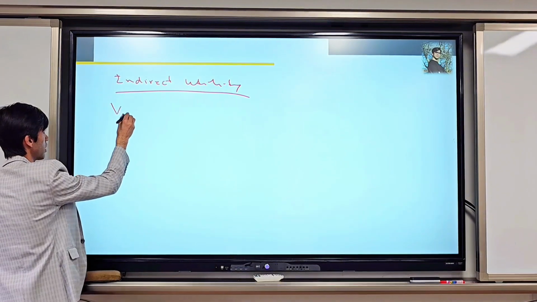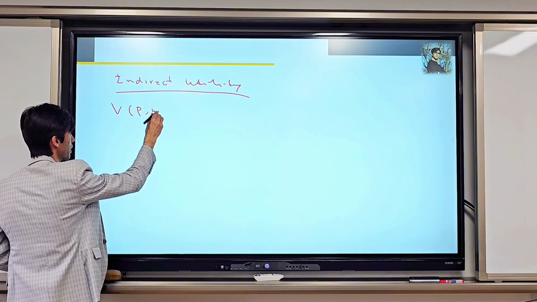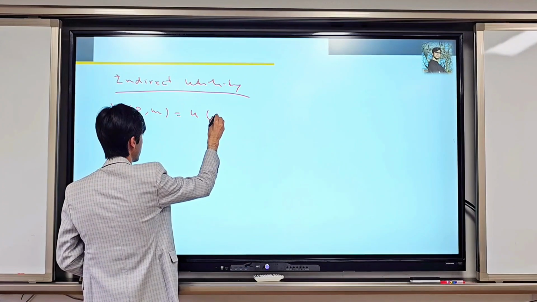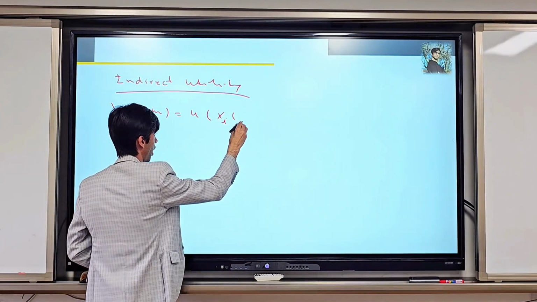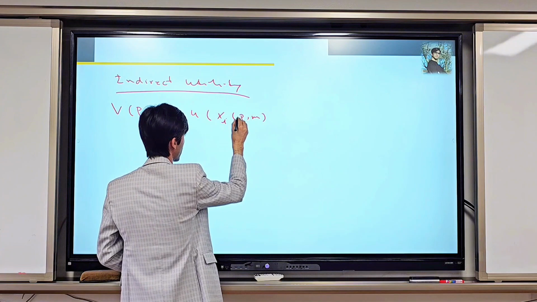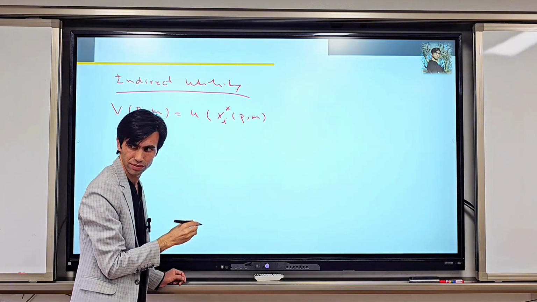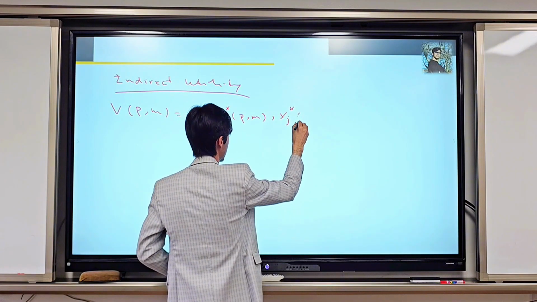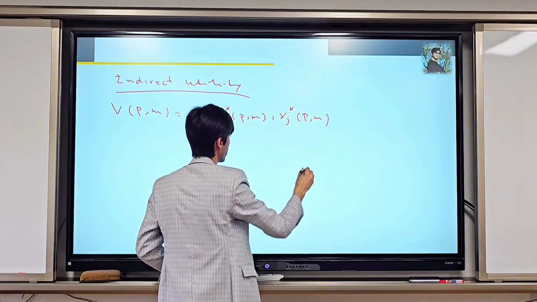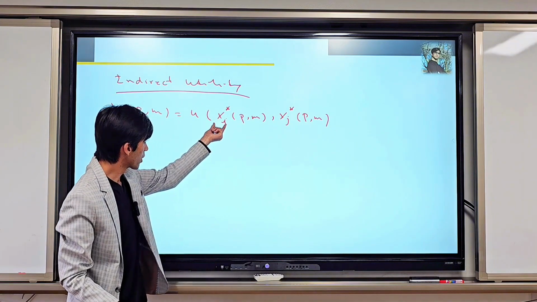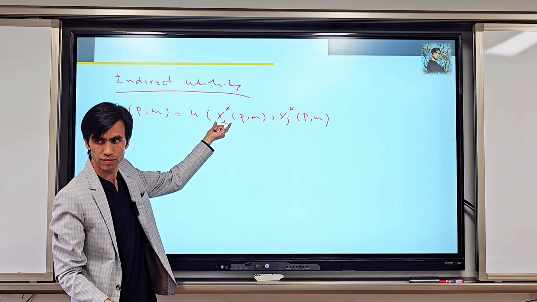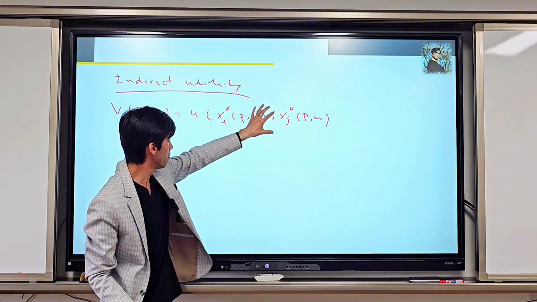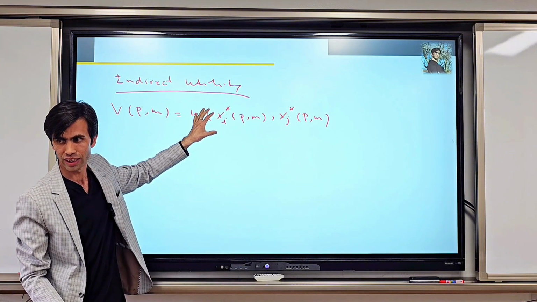Because the indirect utility is a function of P and M. It comes from our utility when, for example, xi star is a function of P and M, and also xj star is a function of P and M. So when we plug the values of xi and xj star as functions of P and M, there will be no more xj and xi.